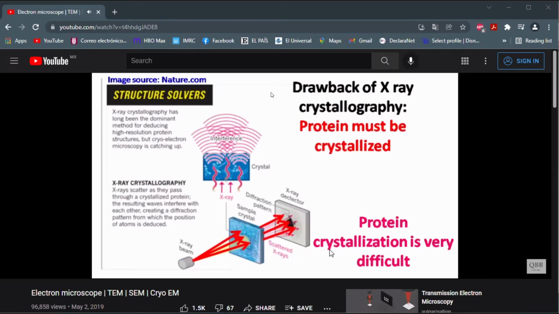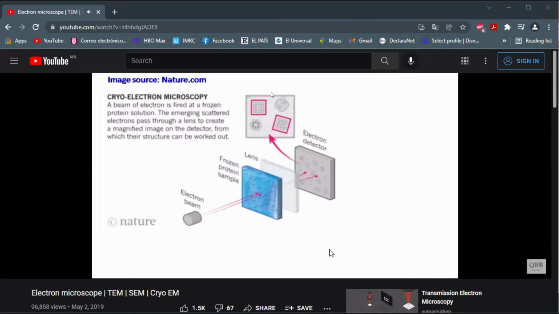Because of these drawbacks, people started searching for alternative methods to obtain the 3D structure of proteins. This was cryo-electron microscopy. In this method, a beam of electrons is fired at a frozen protein solution. As the electrons get scattered and diffracted, they pass through electromagnetic lenses, which create a magnified image on the detector.